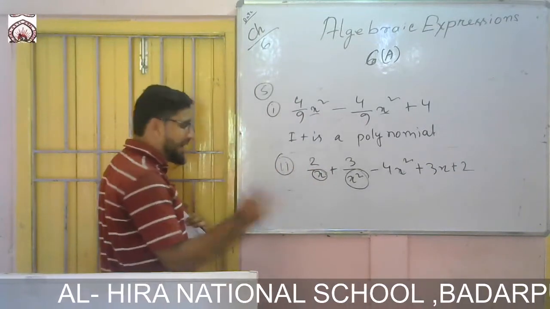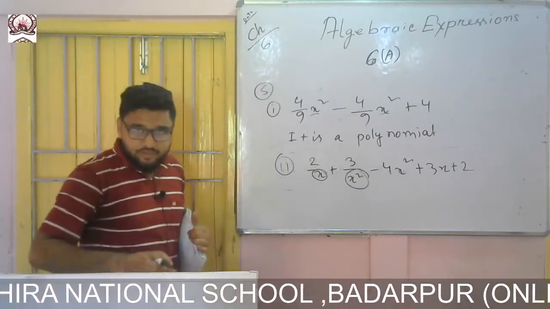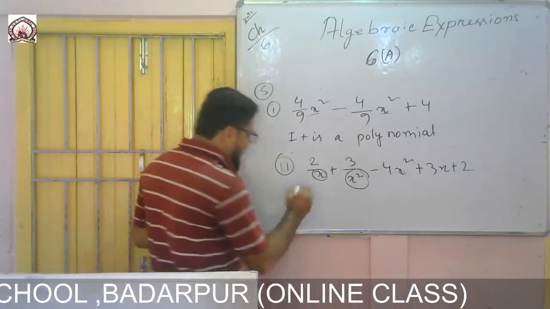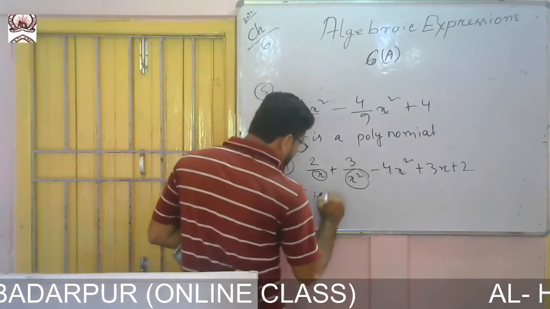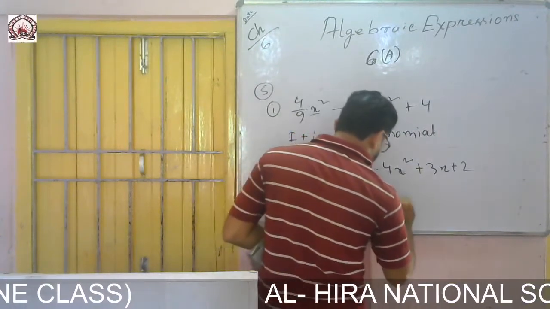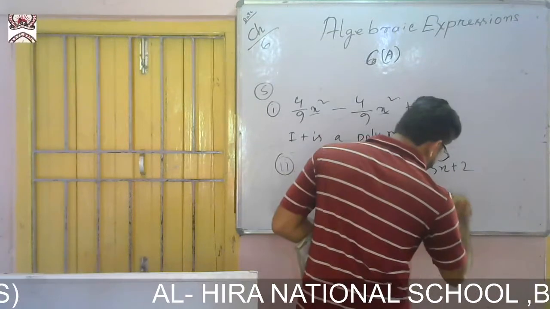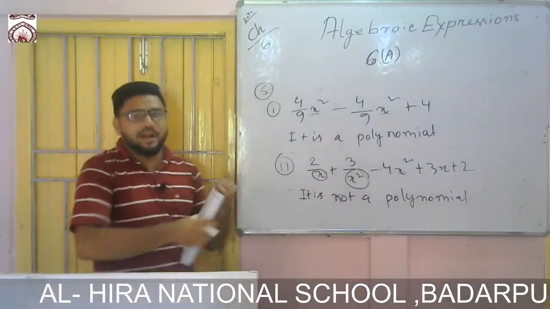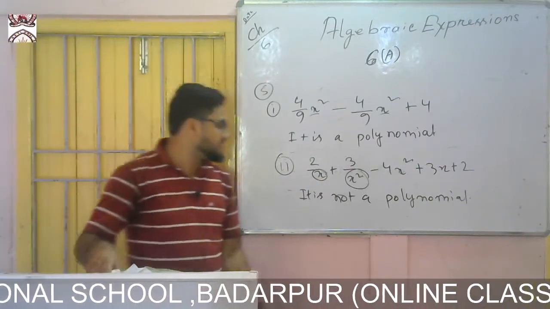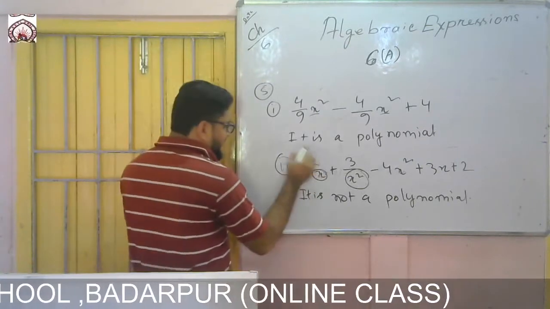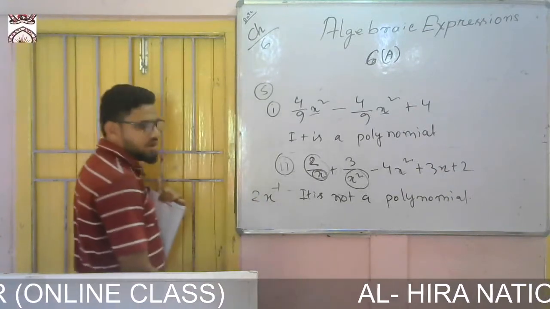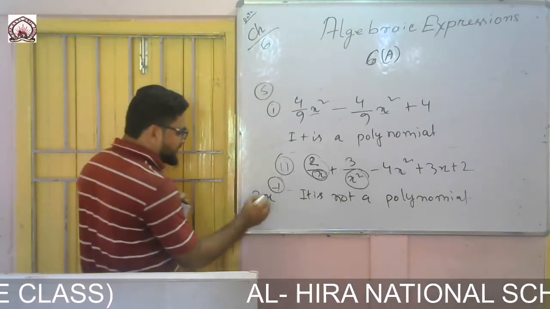So this is not a polynomial. That means the power of x should not be negative. That is the main thing. Because this 2 by x I can write like this, 2x inverse. So this power is negative, and for that reason we cannot write it.